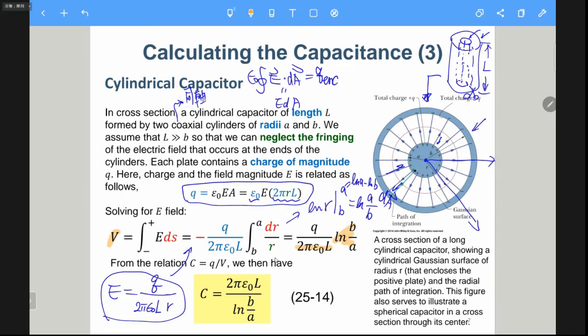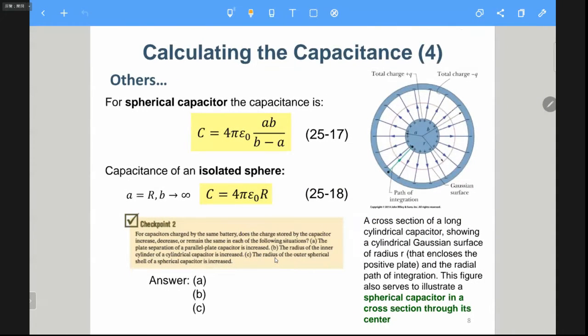And so next we talk about a spherical capacitor. Although the cross section is the same as before, actually it is something like a sphere. So the inner plate is actually a sphere, and the outer plate is also a sphere with the same center.